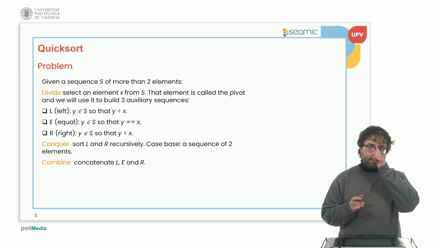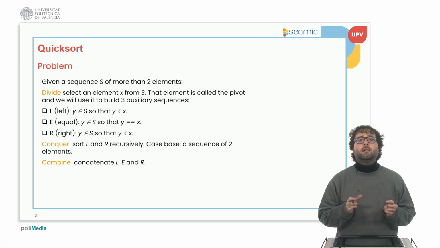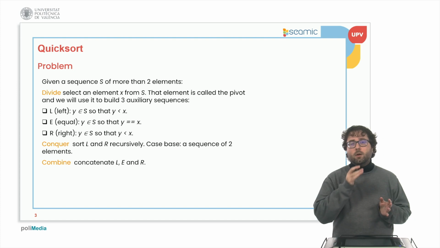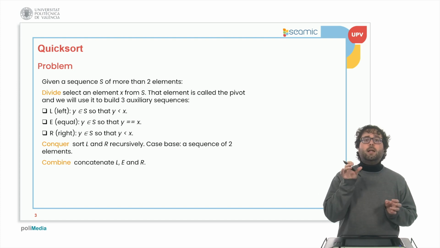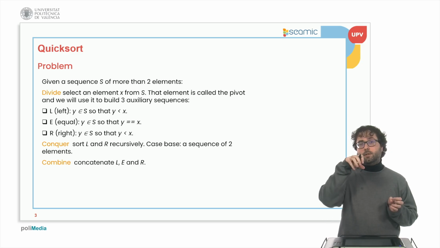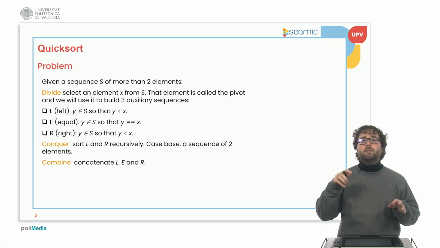Quicksort also follows a divide and conquer strategy, in which on the divide phase, what we do is select an element out of the sequence, and we call this element the pivot element. Using that pivot as reference, we want to generate three different sequences.